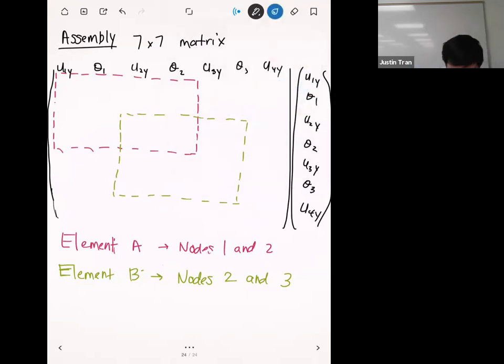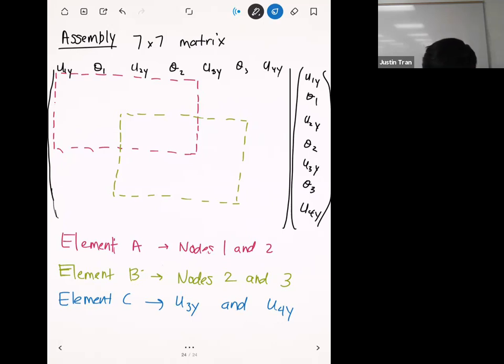And so here's the interesting one, element C. Okay. Element C is a spring. And so remember, a spring can't rotate. A spring can only expand and compress. And so the only degrees of freedom that element C is going to modify are U3Y and U4Y. Okay. And so we're going to skip over theta 3 right here because the spring has no influence on that rotation at all.